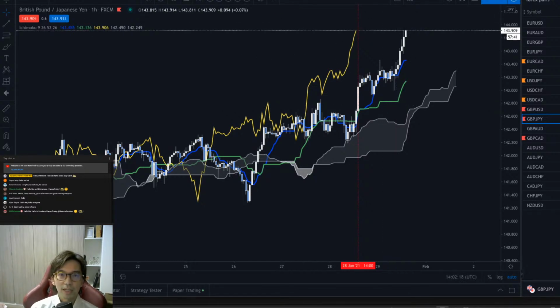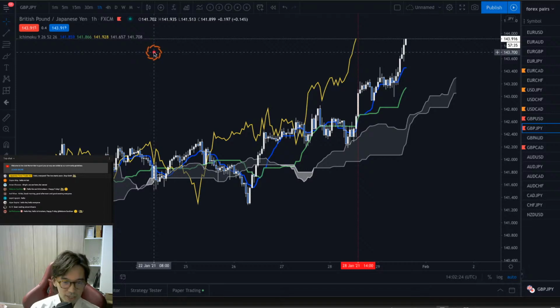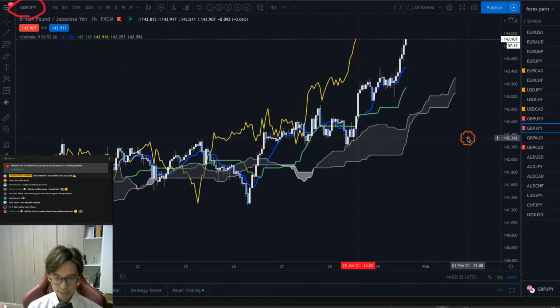So hold on, let me adjust this TradingView so that you can see which currency I'm watching on the upper left over here. I'm watching pound JPY and this is the 1 hour chart. The pound JPY looks to be a strong uptrend.